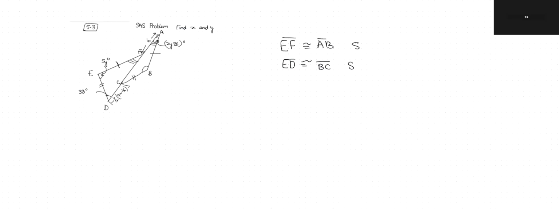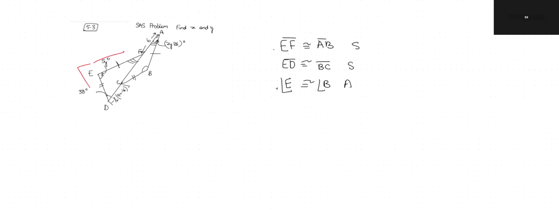And angle E, which is the included angle between EF and ED, we can see here, this is the included angle between this line and this. So angle E is congruent to angle B, which is given.